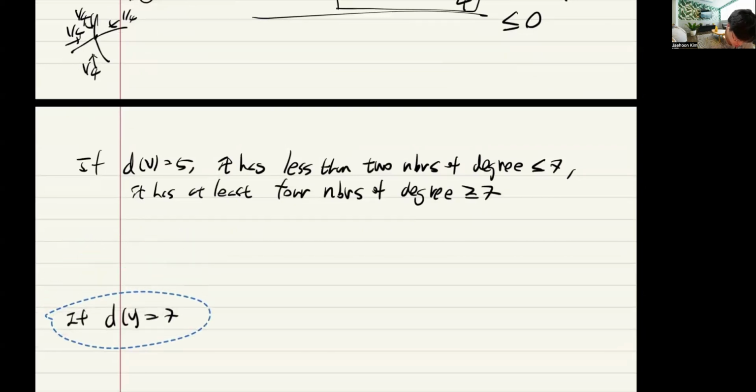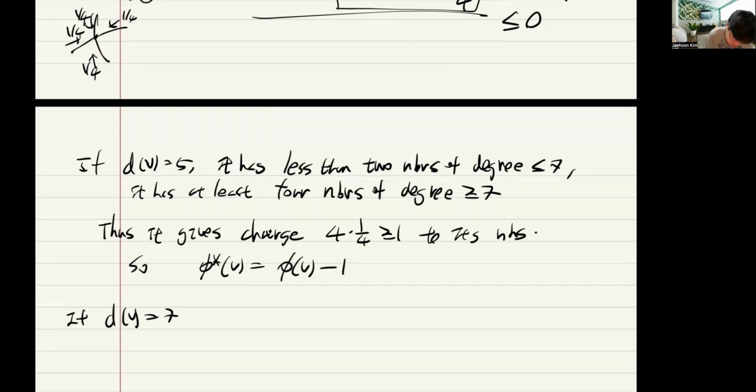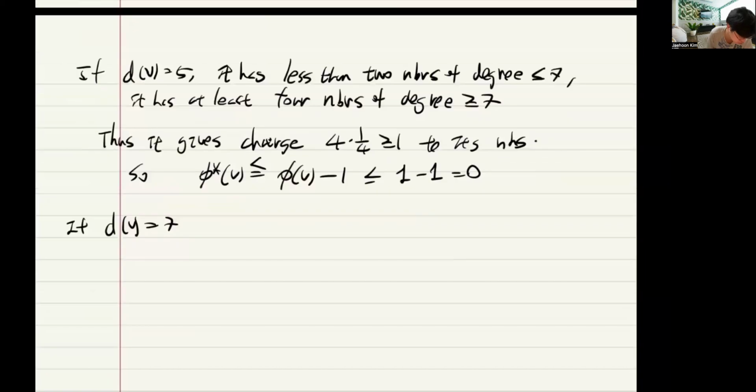So it gives charge 1/4 to at least 4 neighbors. So 4 times 1/4, at least 1 is given to its neighbors. So the final charge is the initial charge minus at most 1. And the initial charge was 6 minus degree, which is 1, so it's non-positive.